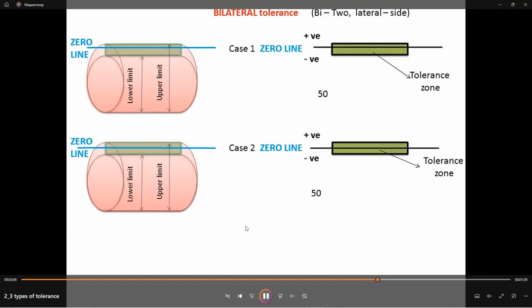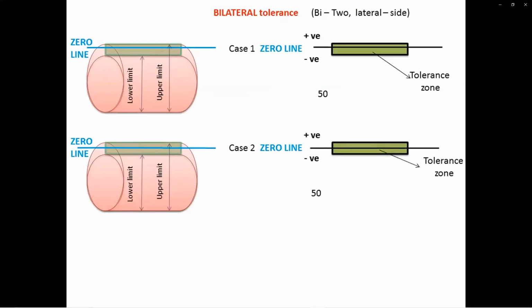Bilateral tolerance, two lateral sides. We have a lower limit and upper limit, and the tolerance zone above the zero line and under the zero line at the same time.